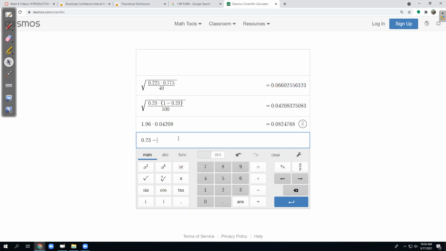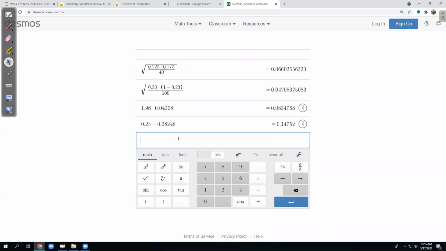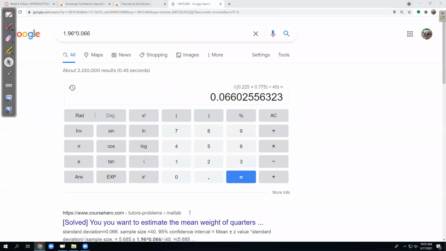0.23 minus that 0.08248 gives 14.752%. Now do that with a plus. I'm just going to move it over for a second so I can write it down.